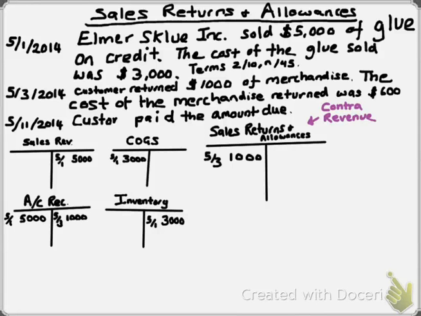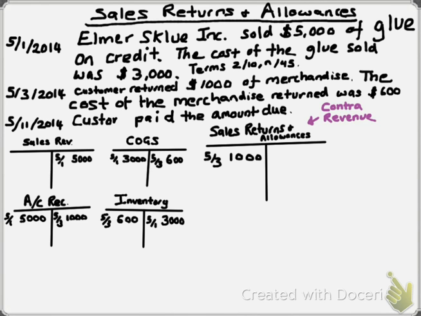So inventory is going to be debited for $600, and then we're going to reduce our cost of goods sold by $600. Again, our cost of goods sold reduced by $600, and our inventory increased by $600. So we're going to debit inventory and credit cost of goods sold. That takes care of the transaction on May 3rd.